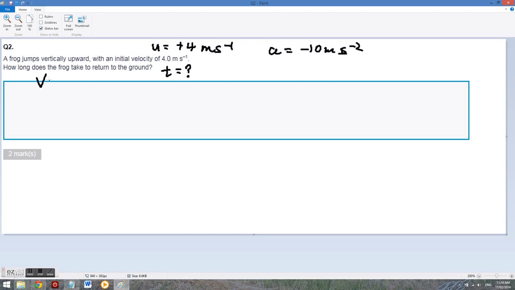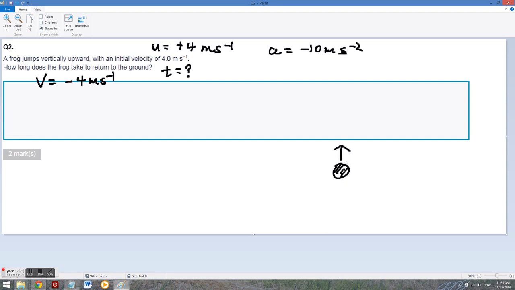From experience, I know the final velocity when it returns to the ground will be minus 4 meters per second. The idea is this, we talked about it before. The only force acting on the ball is gravity.